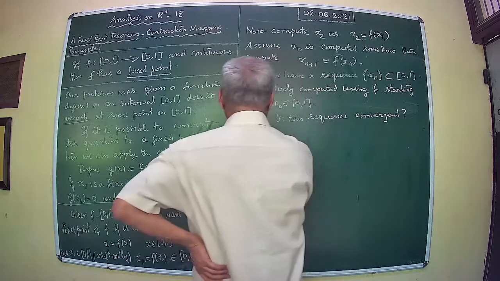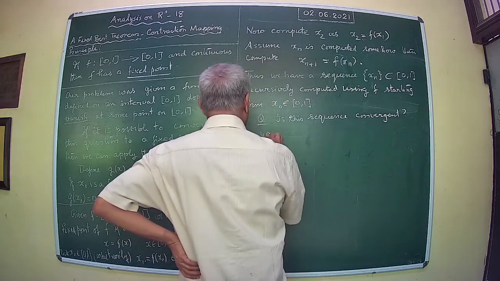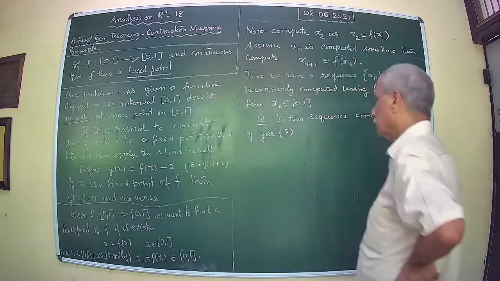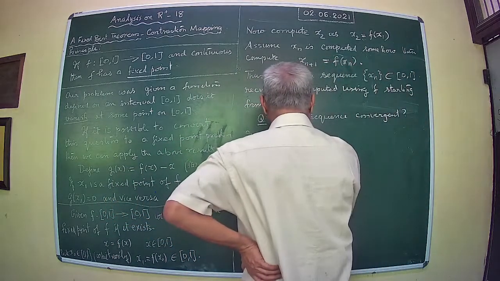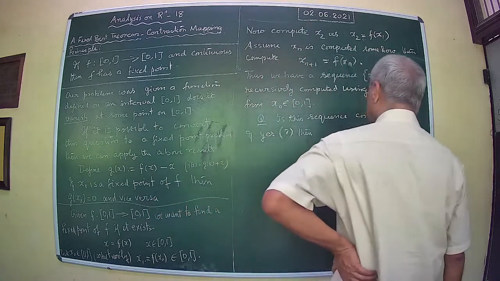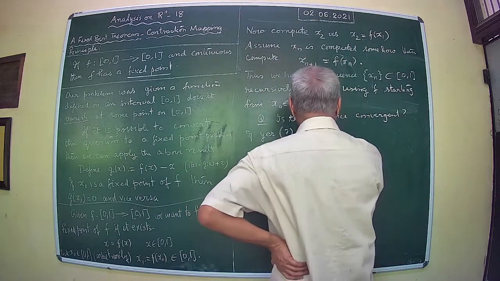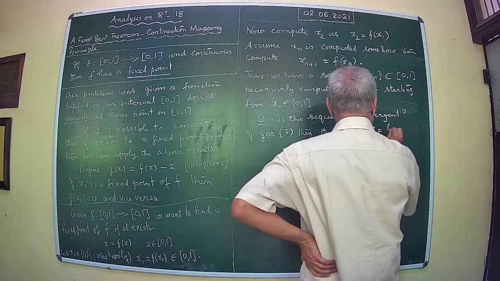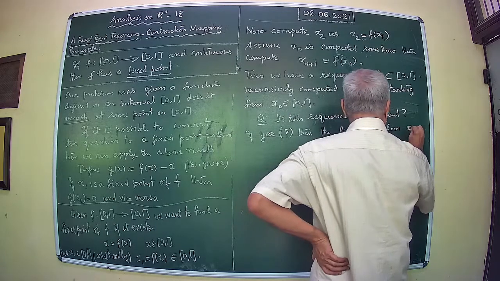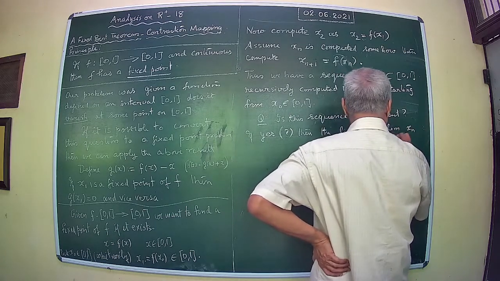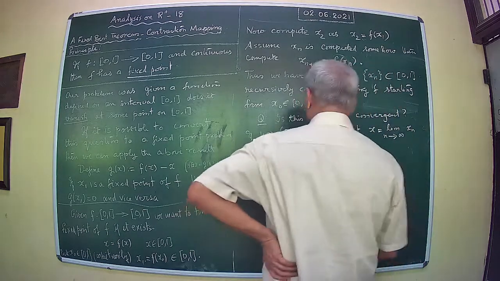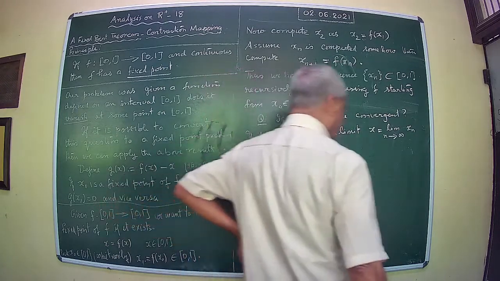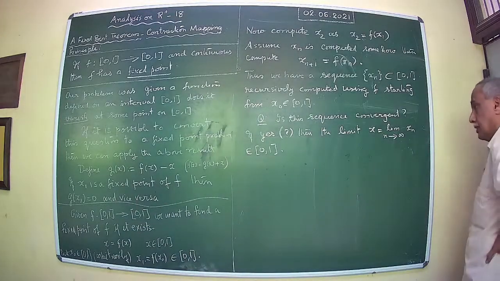If yes, then the limit as n goes to infinity belongs to [0, 1]. I am taking a compact interval, therefore it does converge there itself.